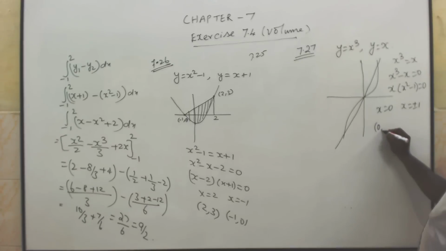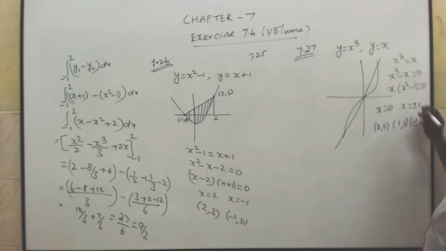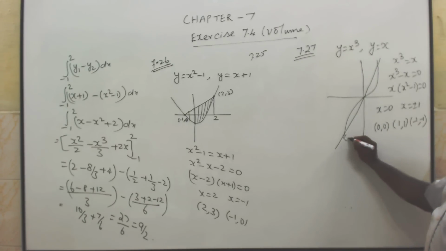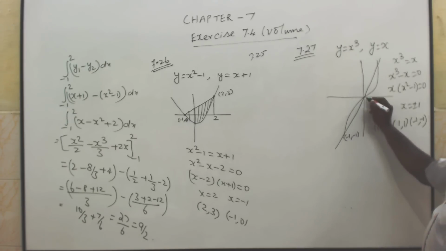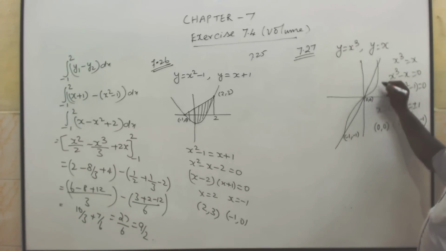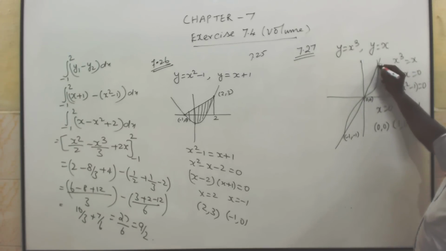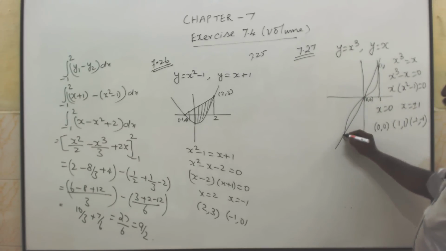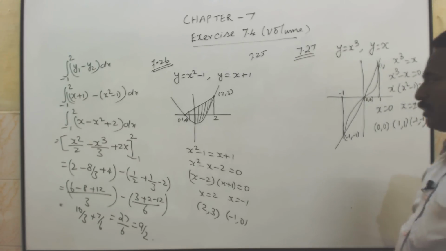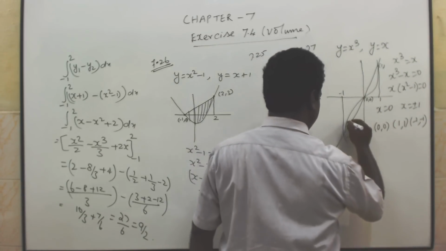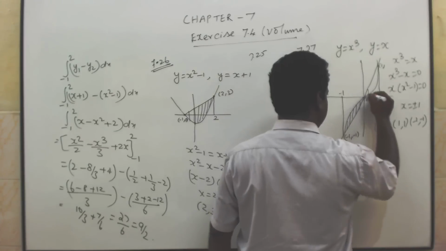When we substitute x equal to 0, y equal to 0; x is 1, y is 1; x is minus 1, y is minus 1, because y equal to x. This is minus 1 comma minus 1, 0 comma 0, this is 1 comma 1. Here plus 1, here minus 1. So here we have to find this area and this area.